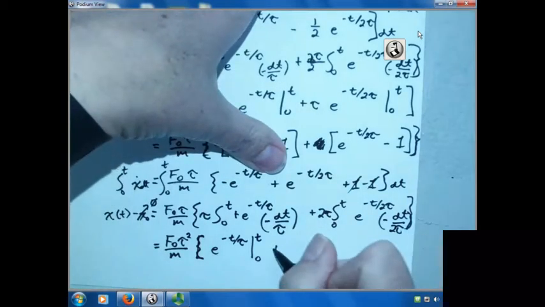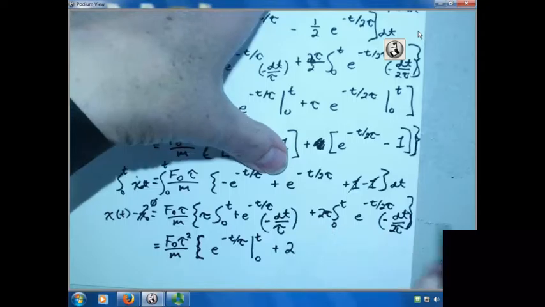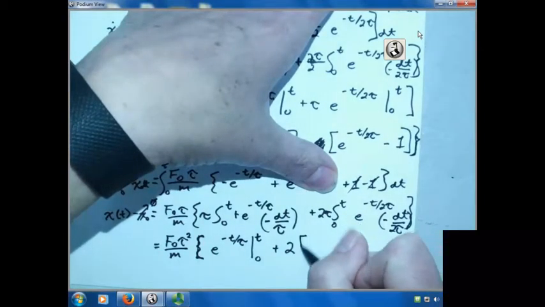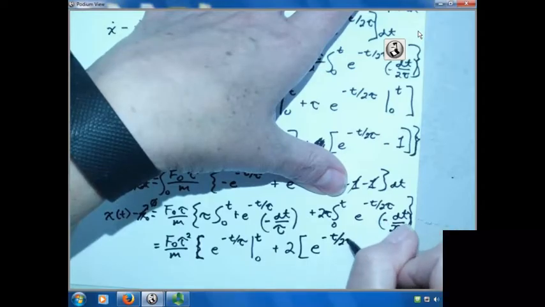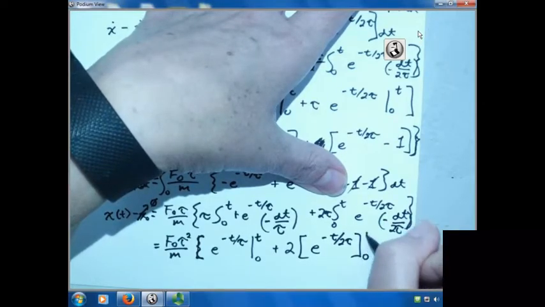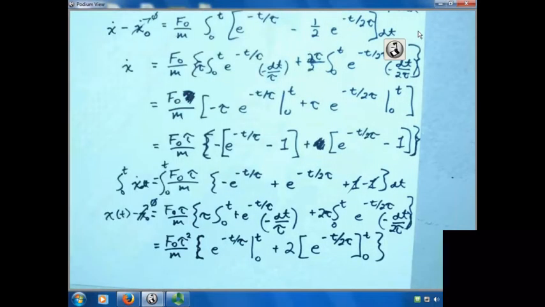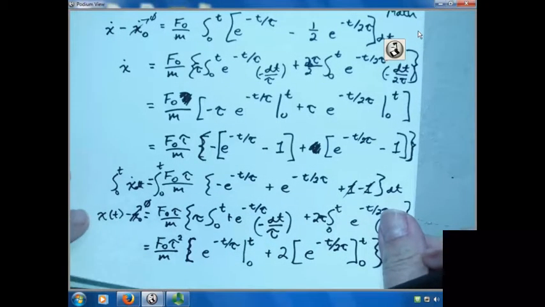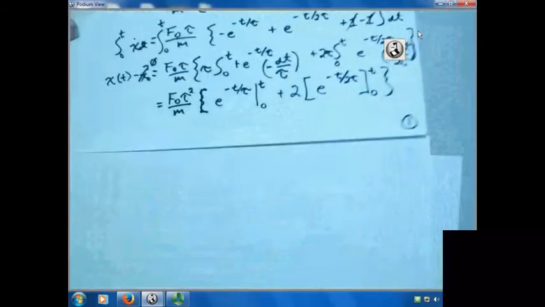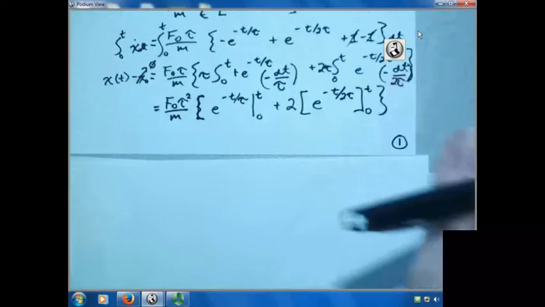And then I've got plus 2 times the integral I did here, so that'll be an e to the minus t over 2 tau that I have to evaluate from 0 to t. All right, more mathy math.